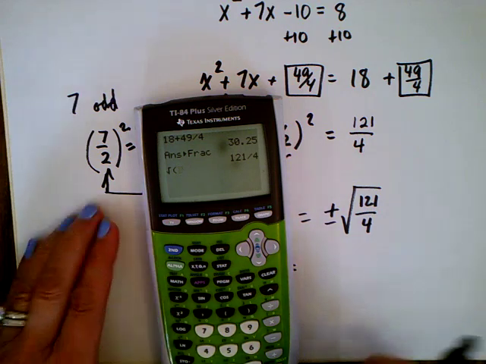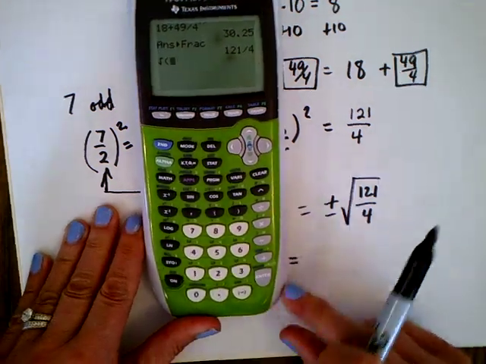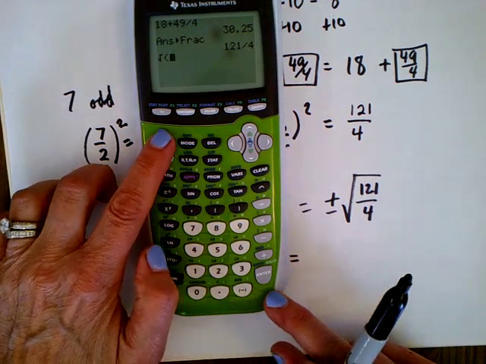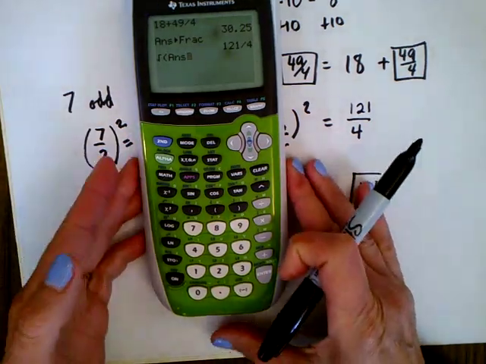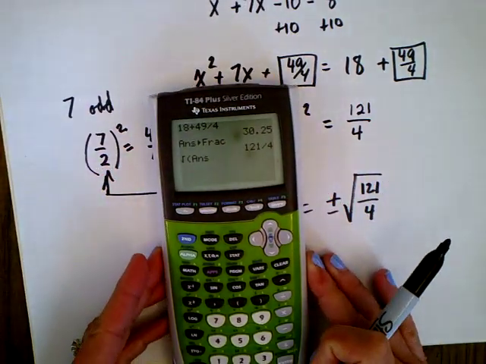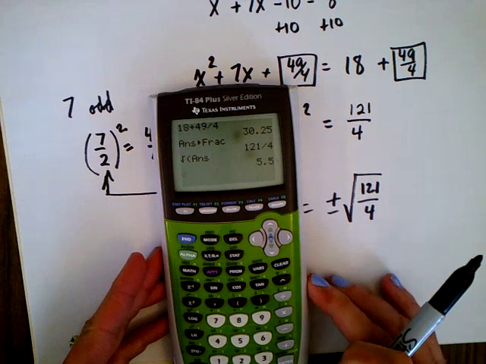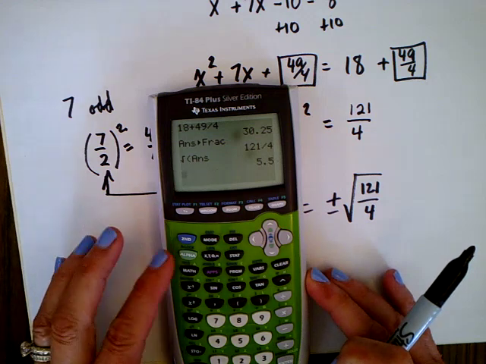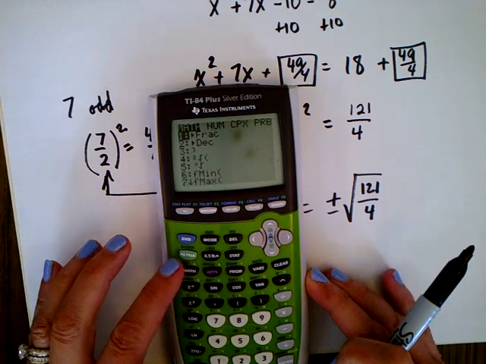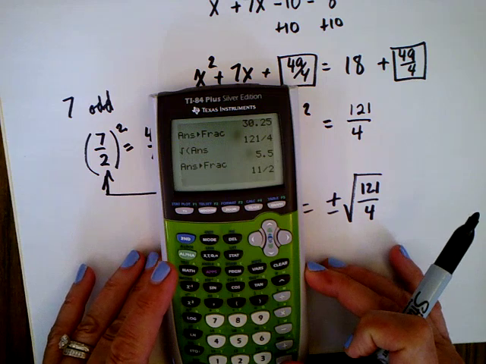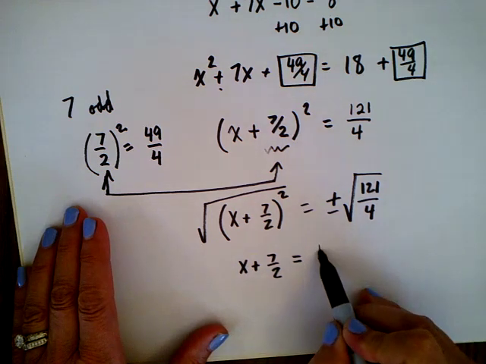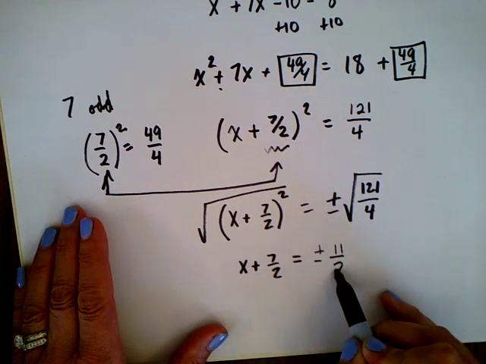See that little answer key at the bottom here? It's blue, it says ANS, and I'll go second blue, and it pops the previous answer right under the parentheses, and then hit enter. I get 5.5, but I want a fraction. Now some calculators will just automatically give you the fraction, but I've got to tell mine to do it. 11 halves. So I have plus or minus 11 halves.